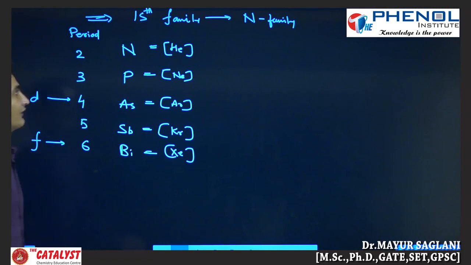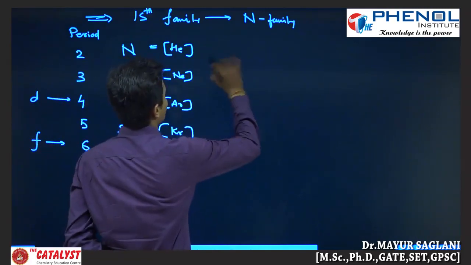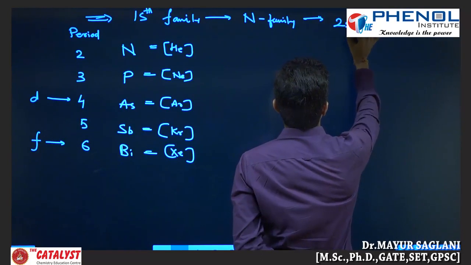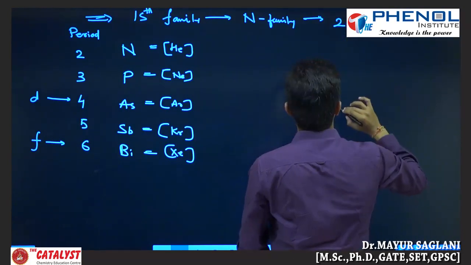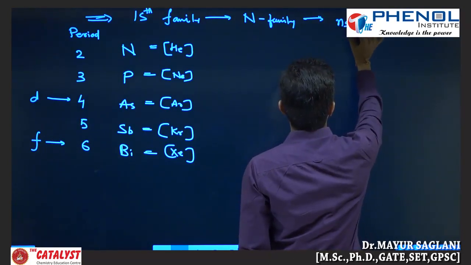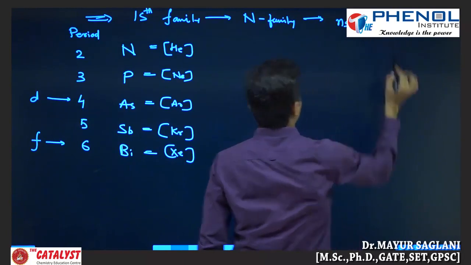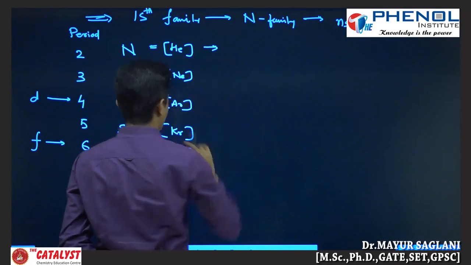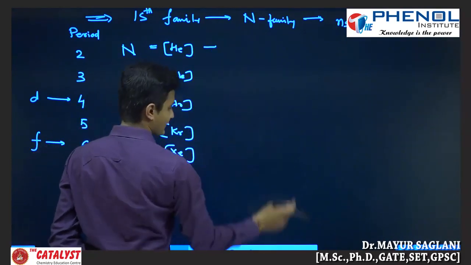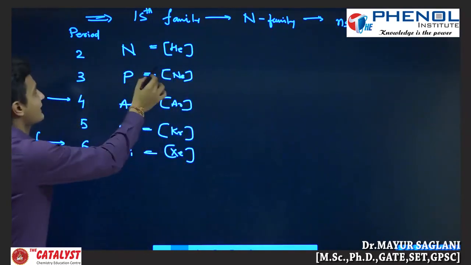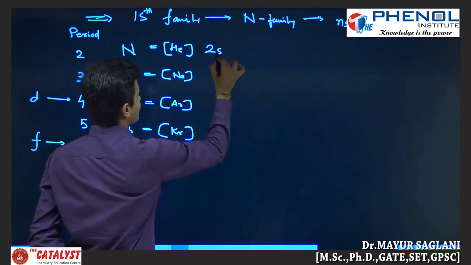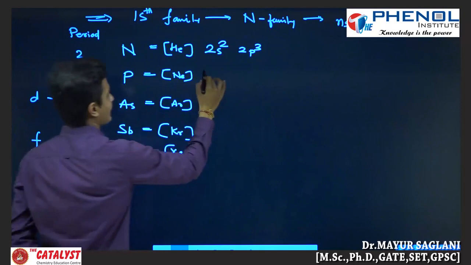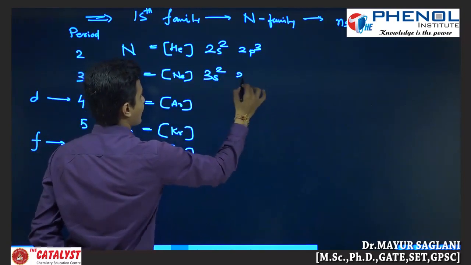Now the general electronic configuration for the nitrogen family is ns2 np3. For nitrogen, the configuration is helium 2s2 2p3, as it is in the second period. Likewise for phosphorus it is 3s2 3p3.